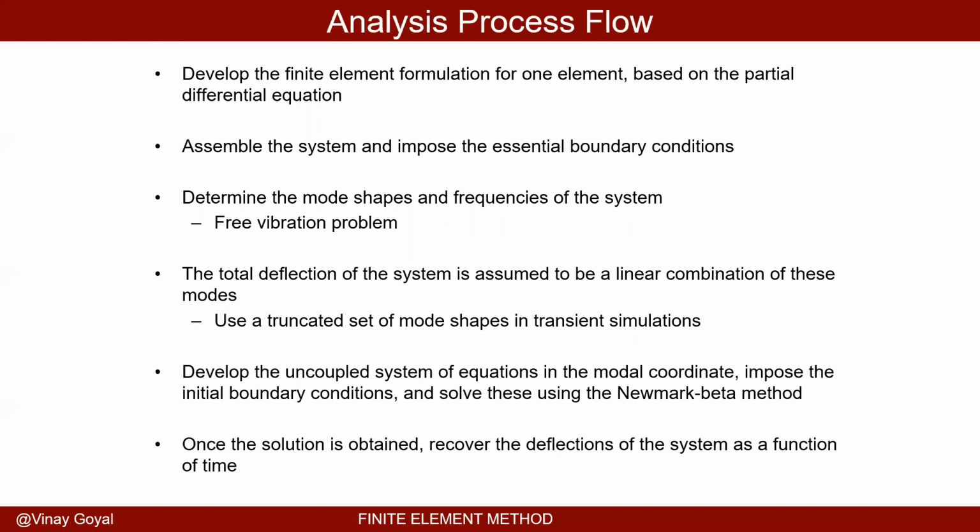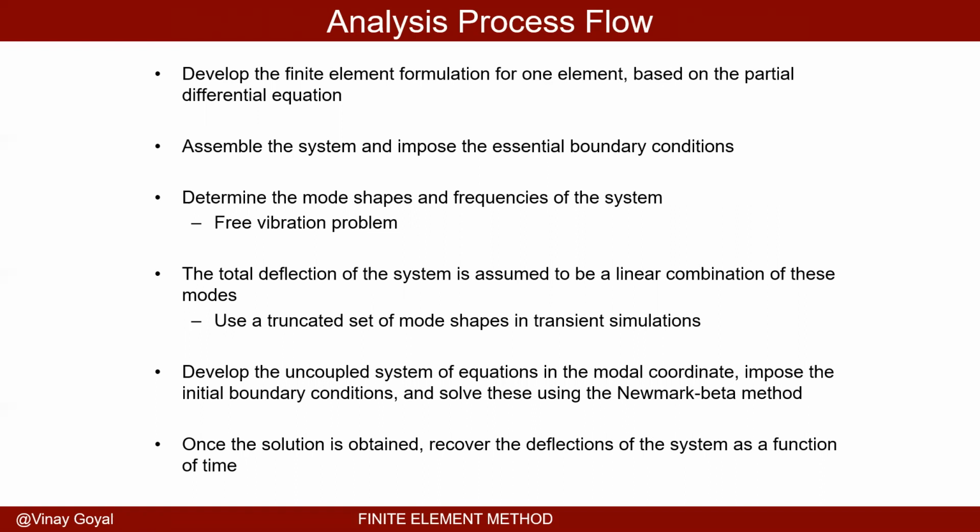The total deflection of the system is assumed to be a linear combination of these modes. So we'll use a truncated set of mode shapes in the transient simulations. We'll then develop the uncoupled system of equations in the modal coordinate, impose the initial boundary conditions, and solve this using the Newmark beta method.